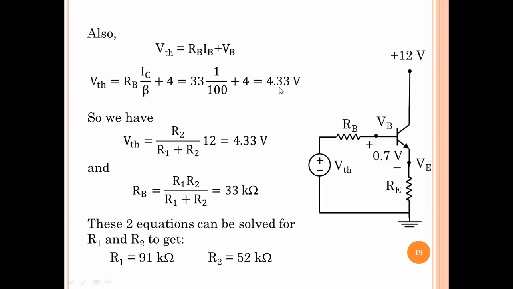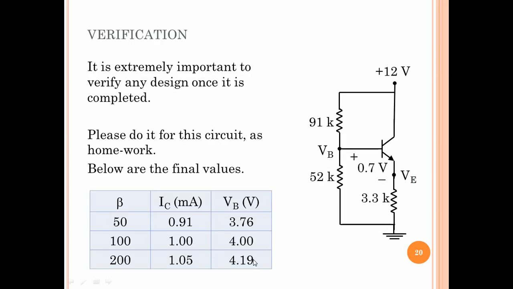So we get VTH equal to 4.33 volts, RB equal to 33 kilo ohms, and we have expressions for these. So we can solve these two to find R1 and R2. If you solve, you'll get R1 equal to 91 kilo ohms and R2 equal to 52 kilo ohms. So this becomes our circuit: 91 kilo ohms, 52 kilo ohms, 3.3K.